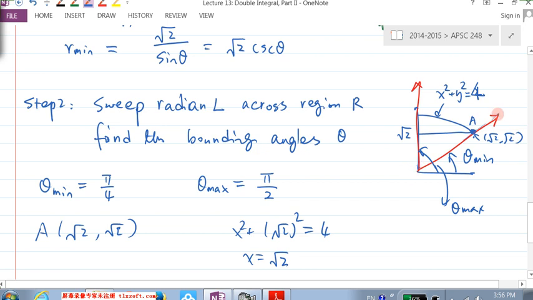Then the corresponding theta angle for this line is theta min. And this line here passes through this point A, and apparently point A has coordinates root 2, root 2. So that's why this is pi over 4. Yeah?